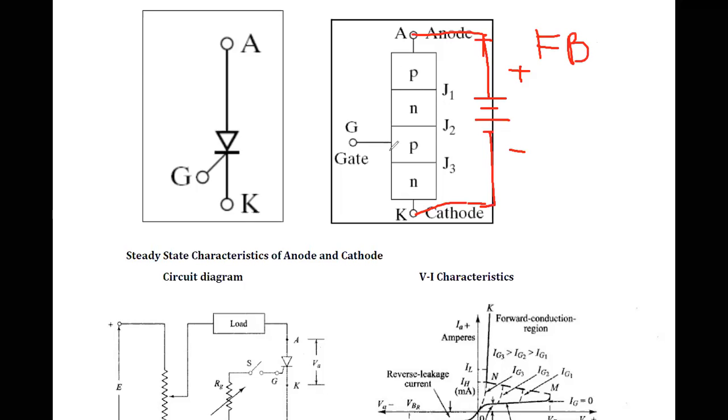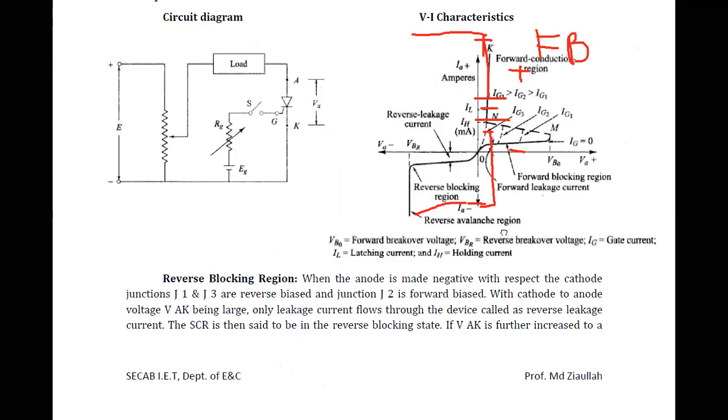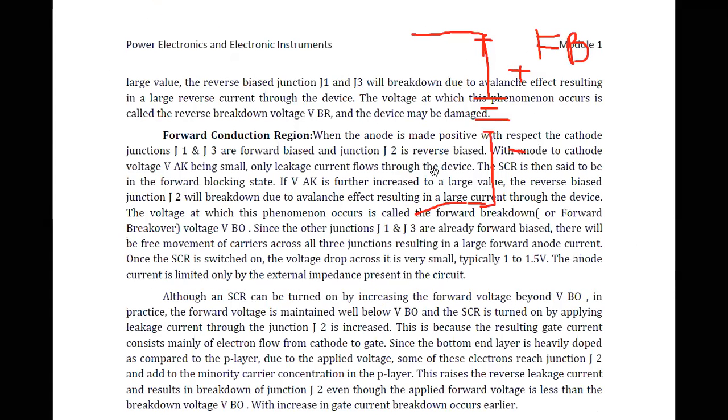So once the diode is forward biased, what is happening to the junctions J1, J2, and J3? Here you can see some conditions are written. In forward regions, when the anode is made positive with respect to the cathode, junctions J1 and J3 are forward biased and junction J2 is reverse biased. So this is the difference here.